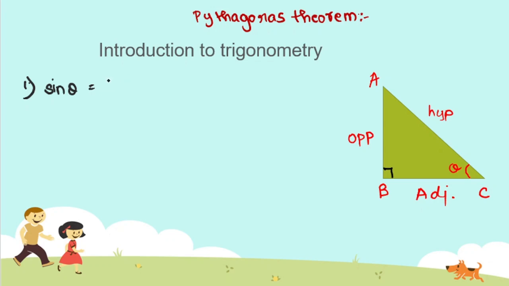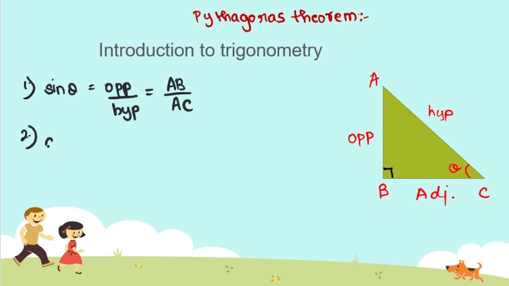Sine theta is equal to opposite by hypotenuse. What is your opposite side? AB is your opposite side and hypotenuse is AC, right? So this is how you read it.